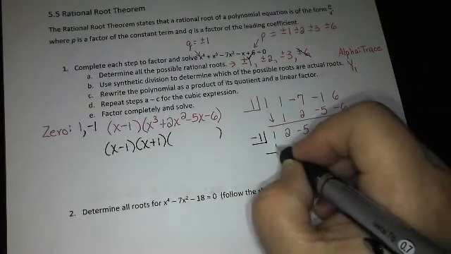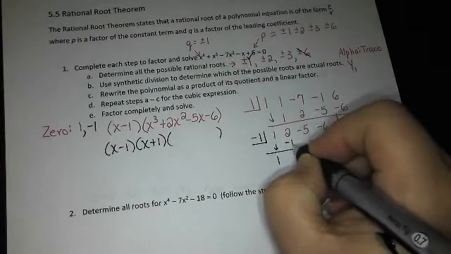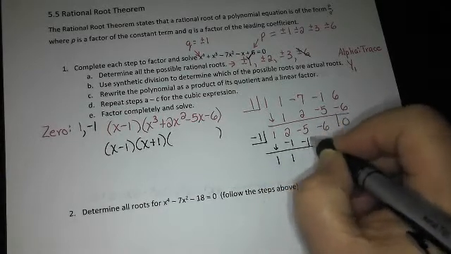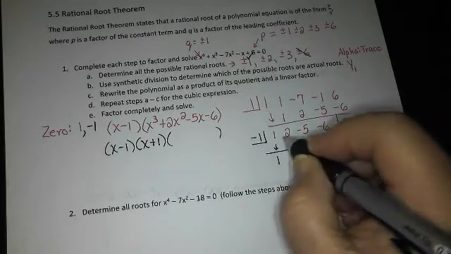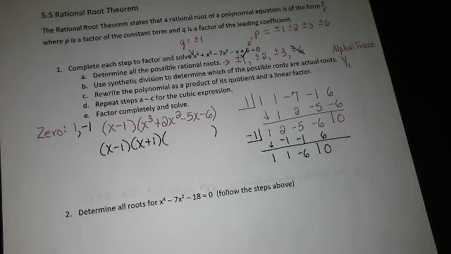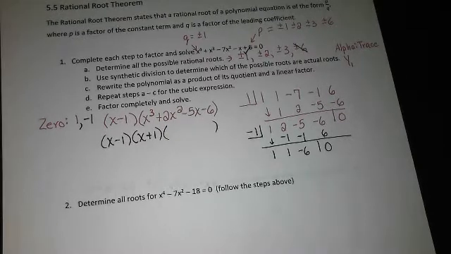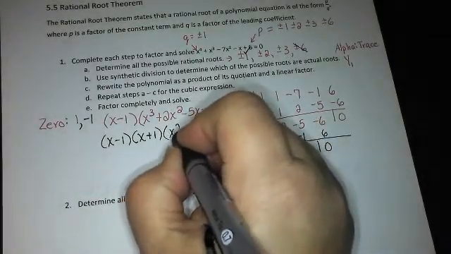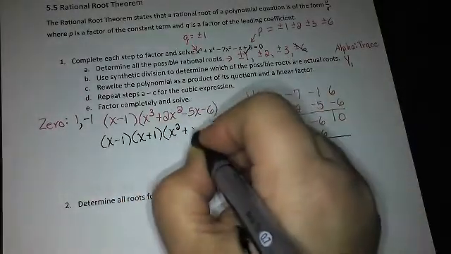So here goes. We bring it down and we multiply. Add and multiply. Add and multiply and add. There we go. So what does 1, 1, negative 6 represent? X squared plus x minus 6.